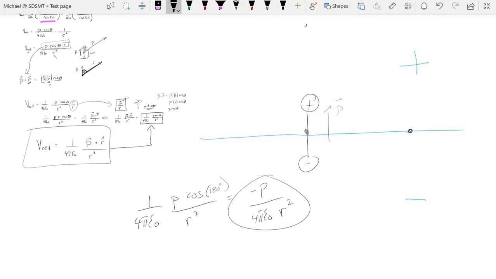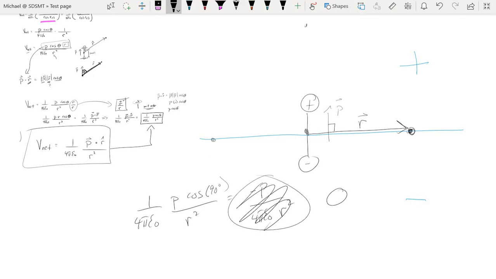But the R value that we need to measure from the midpoint of the dipole out to the point in space where we're trying to measure is now at a 90-degree angle with respect to P. So cosine of 90 degrees. Cosine of 90 is 0. In other words, we have 0 electric potential everywhere on this line.